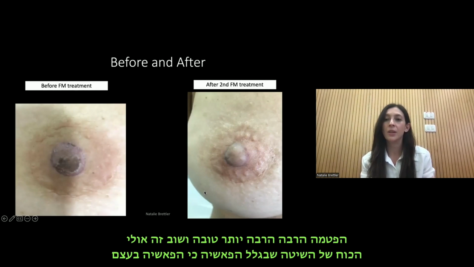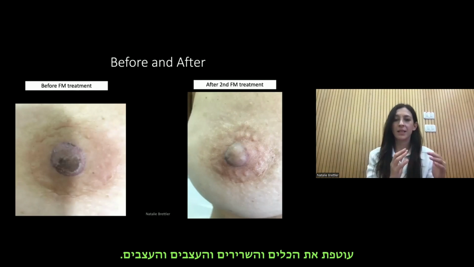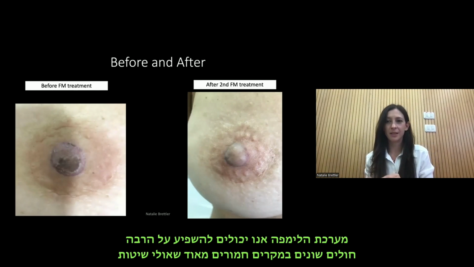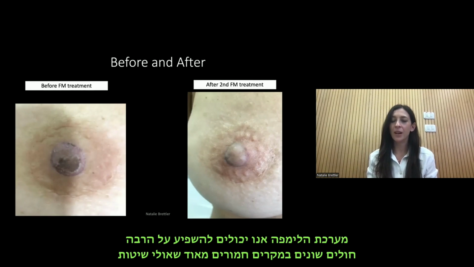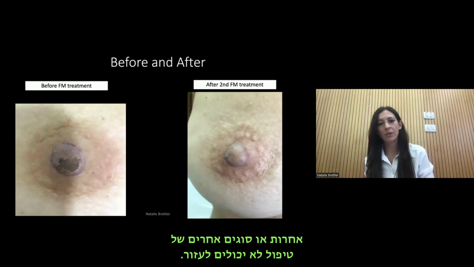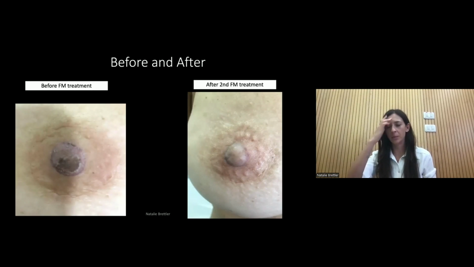And again, this is maybe the strength of the method, that because the fascia is actually enveloping the vessels and the muscles and the nerves and the lymphatic system, we can affect a lot of different patients in very severe cases that maybe other methods or other types of treatment cannot help.